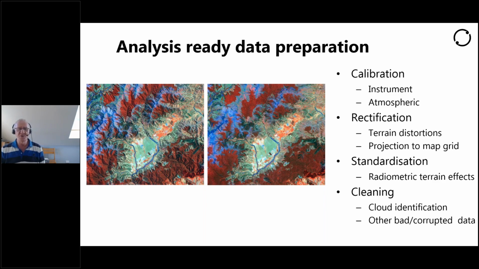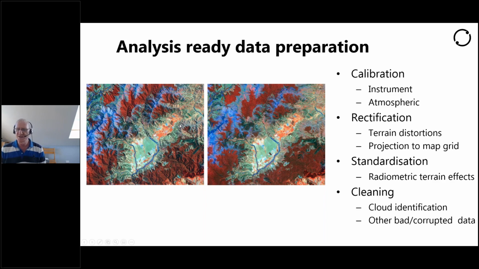Rectification is very important, so relating points in the image to a particular map projection, like the New Zealand transverse Mercator projection, allows it to be used directly with other imagery taken at other times, but also other imagery from other platforms or non-remote sensing imagery.